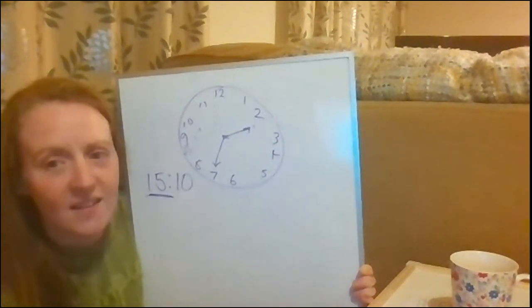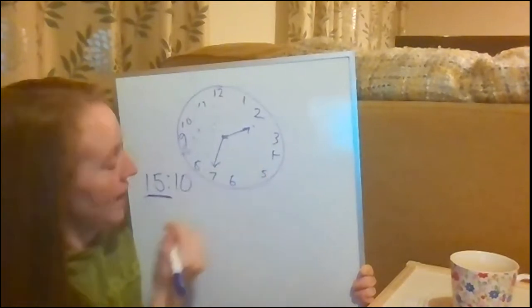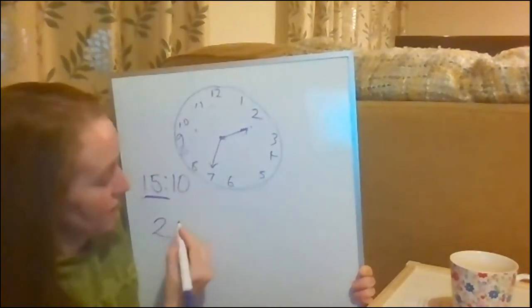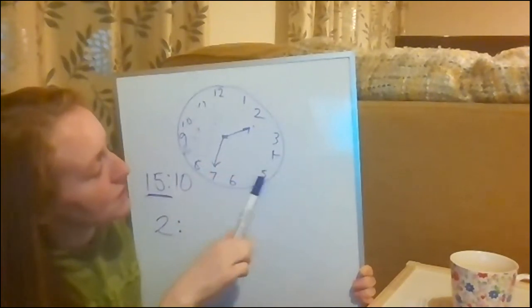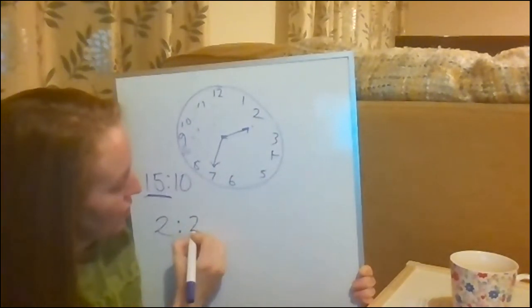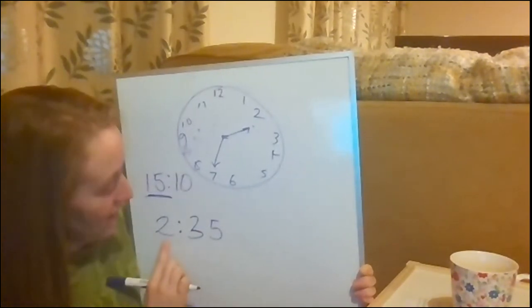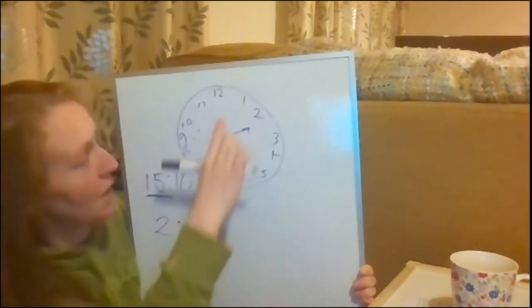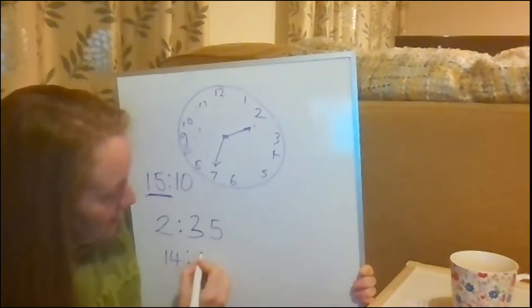So what time is it? Well, the hour hand is just after the 2, and if I count round 5, 10, 15, 20, 25, 30, 35, it is 2:35. Now, if you were going to do it in 24 hours time, 12, 13, it would be 14:35.